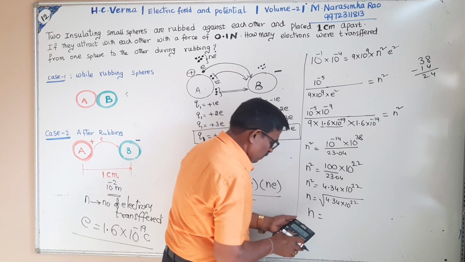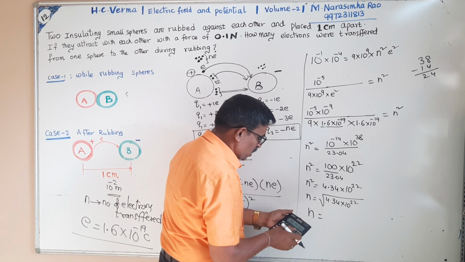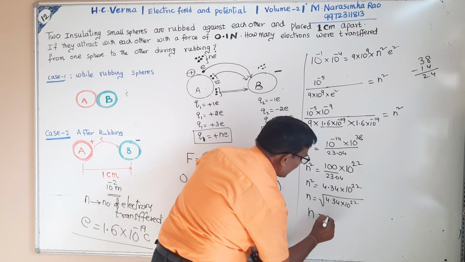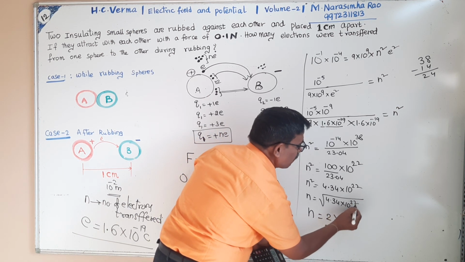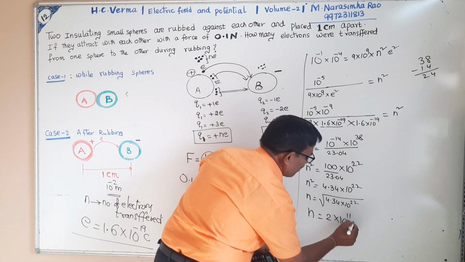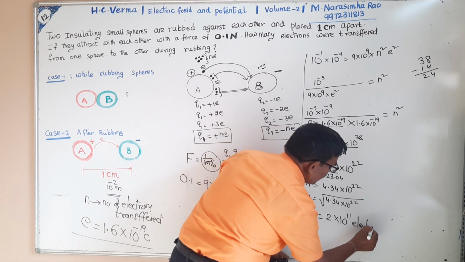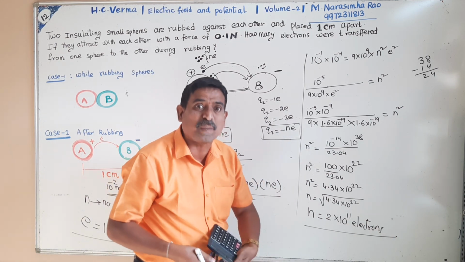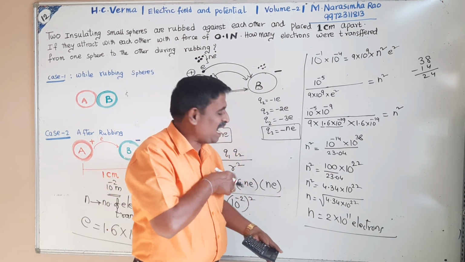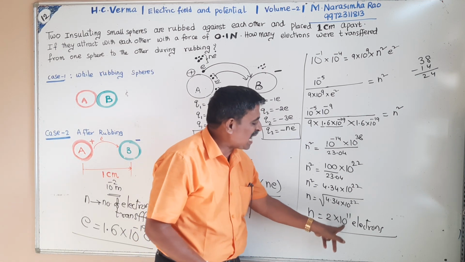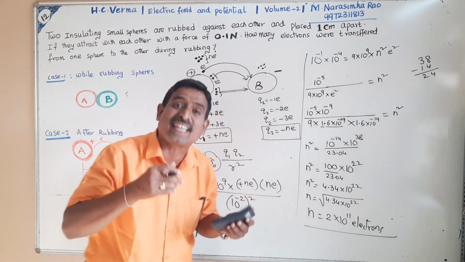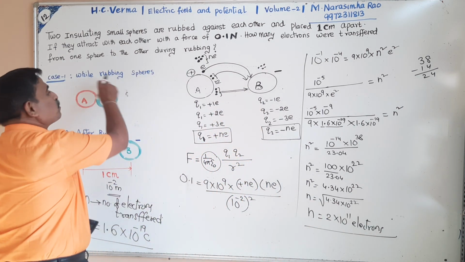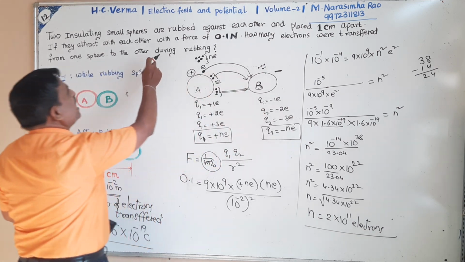Root of 4.34 is nearly 2, so n is 2 into 10 power 11 electrons. How many electrons are transferred from one sphere to another sphere? That is 2 into 10 power 11 electrons are transferred from one sphere to another sphere in this process.